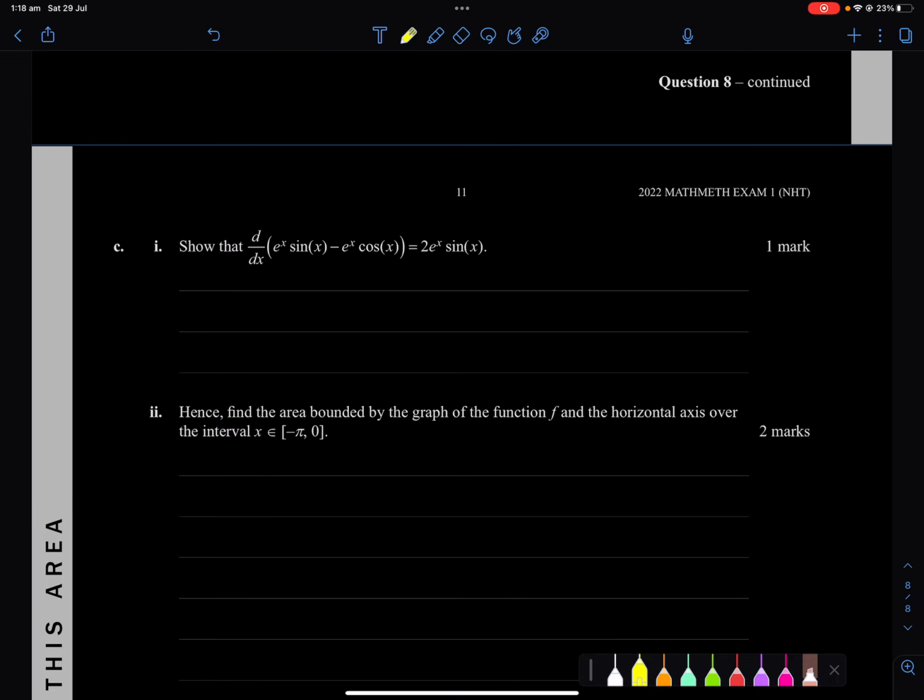So we're using our product rule twice, so it will be e^x cos x plus e^x sin x minus, so it'll be negative e^x sin x, plus e^x cos x.